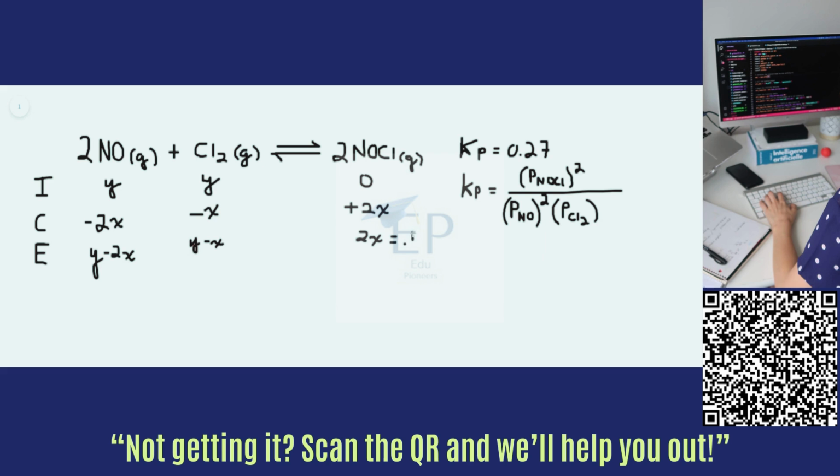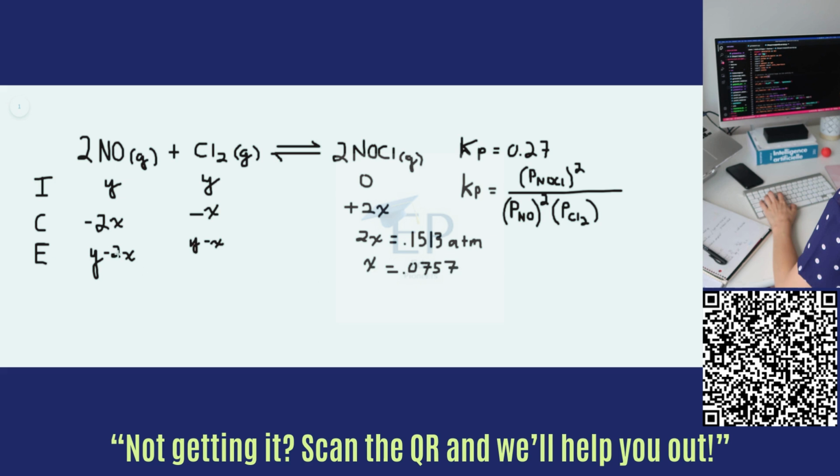This is equal to 0.1513 atmospheres. That's simply dividing 115 by 760 to get atmospheres. We can divide by 2 to get x equals 0.0757.